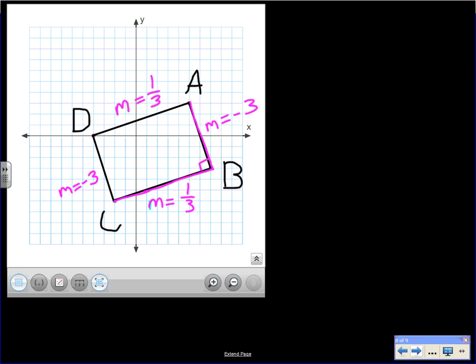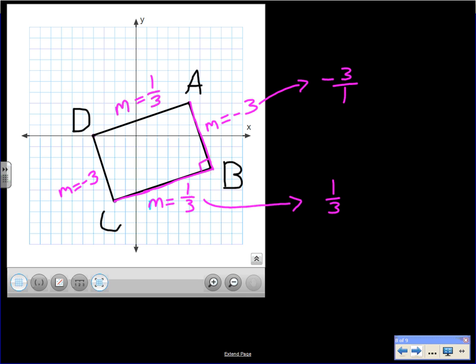So how do we know that those two segments, or the lines passing through those points, are going to be perpendicular? Well, perpendicular lines are going to have negative reciprocal slopes. So let's look at this slope. This slope is a -3/1, and let's look at this slope as a 1/3. Are they negative reciprocals?